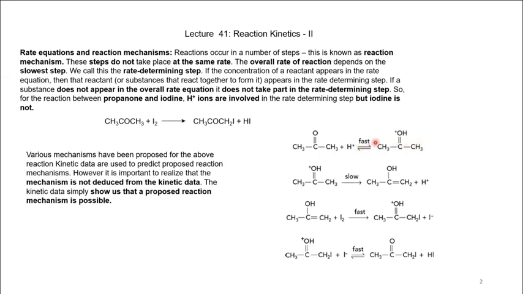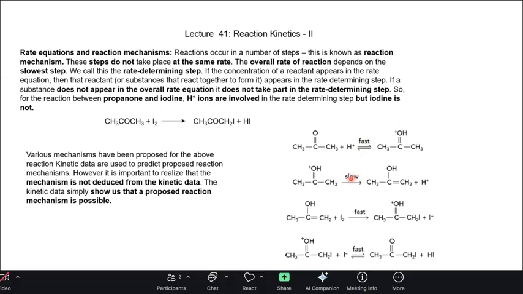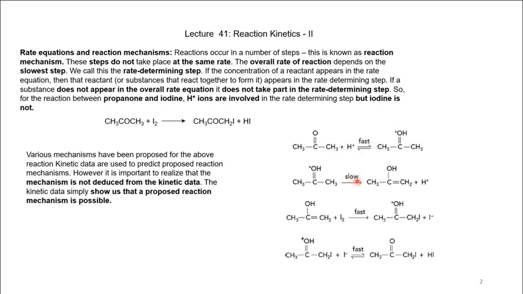We get this product, and this product then slowly goes down to the final product. So this is the slow step, and this is the fast step. If we have a slow step, we call it the rate determining step. That means this one is the rate determining step of this reaction.